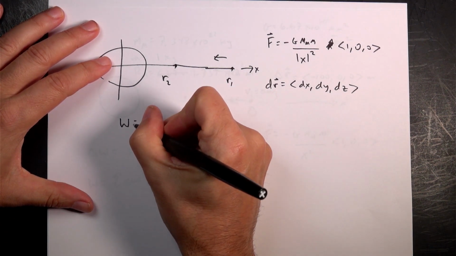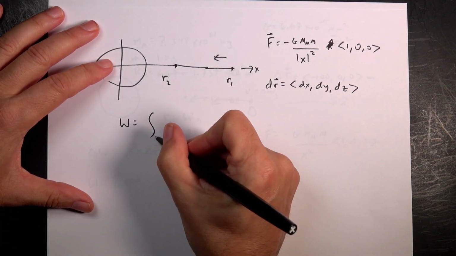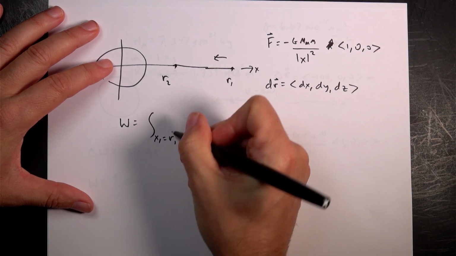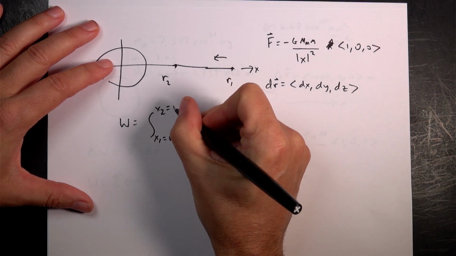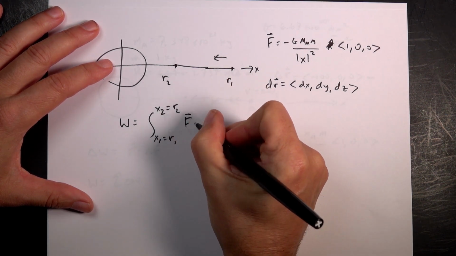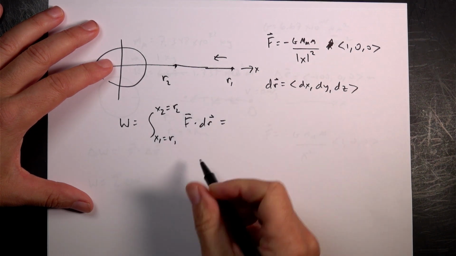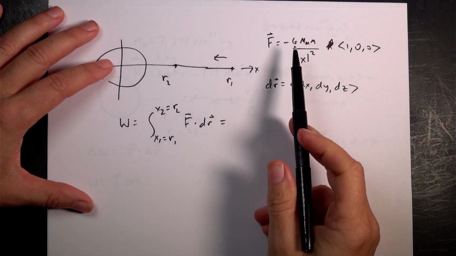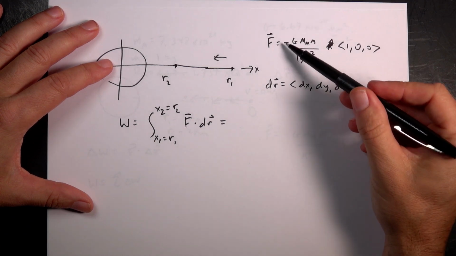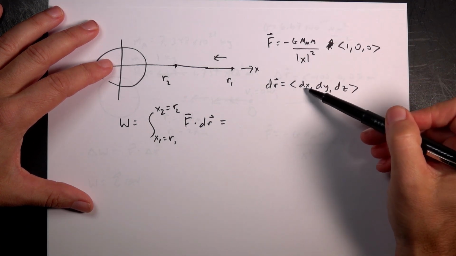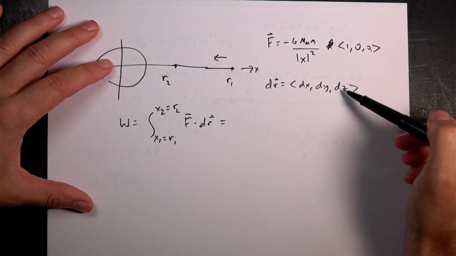So work is the integral from, now I'm going to say x1 equals r1, x2 equals r2, of F dot dr. Well, let's go ahead and take that dot product. I have two vectors. If I take this dot product, I'm going to get this vector, this times dx, 0 times dy, 0 times dz.